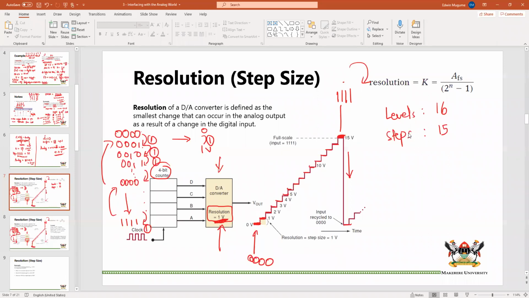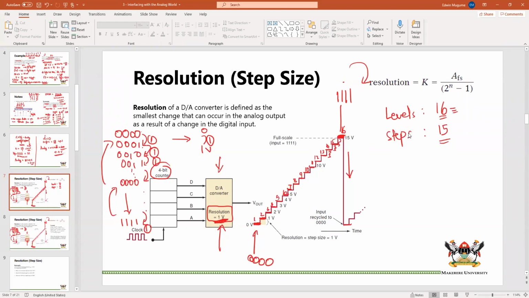You can see that we have 16 levels: 1, 2, 3, 4, 5, 6, 7, 8, 9, 10, 11, 12, 13, 14, 15, 16. However, the jumps or the steps that are between them will be 15.